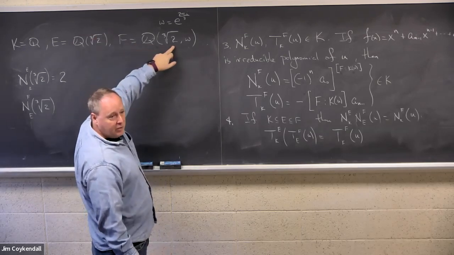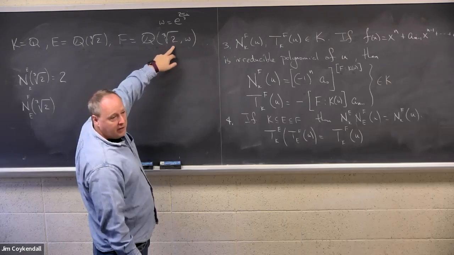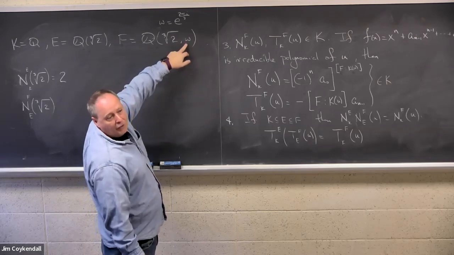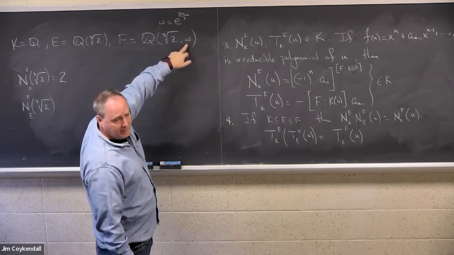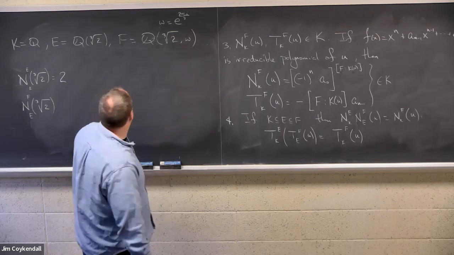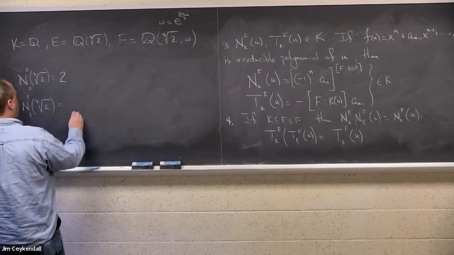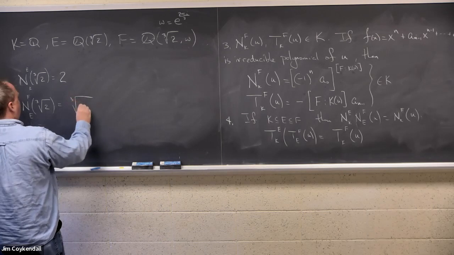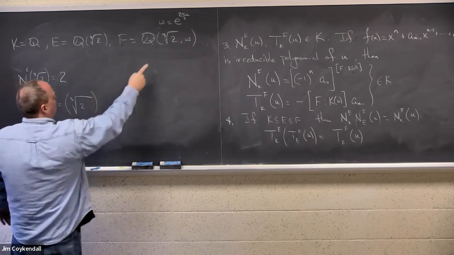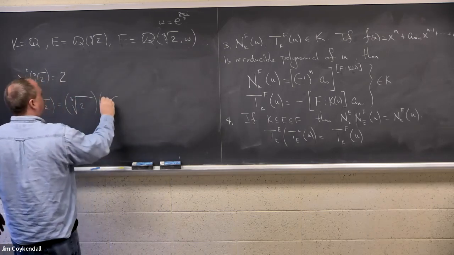You're supposed to fix the cube root of 2, right? There's only 2 of them. It's complex conjugation, or alternatively, you could take omega to omega bar. So there are 2 embeddings, and notice both of these embeddings fix this.